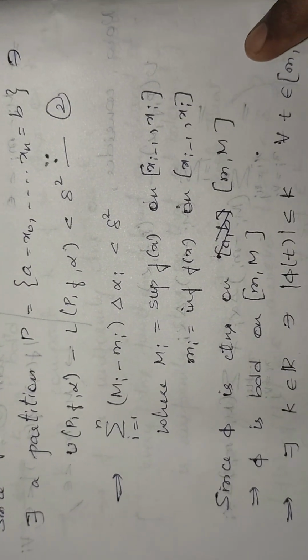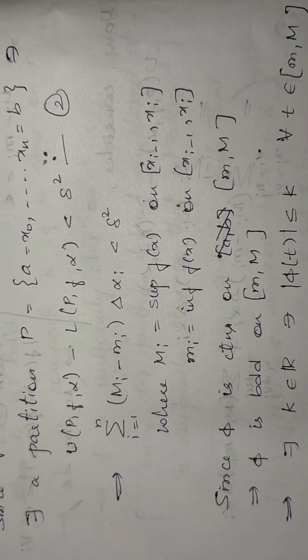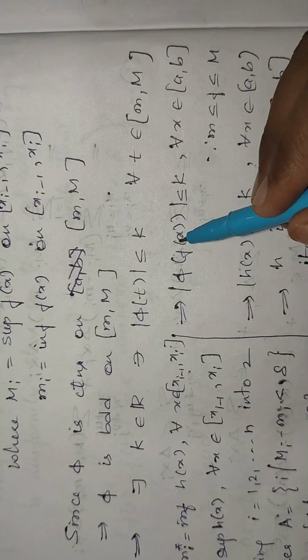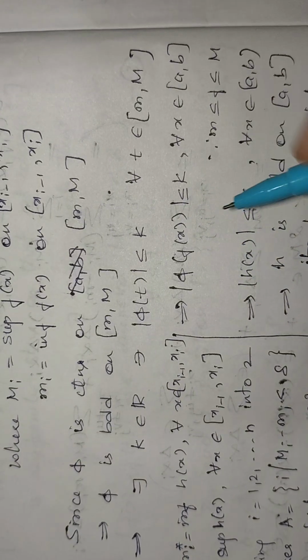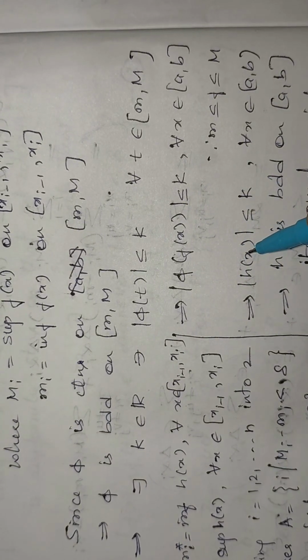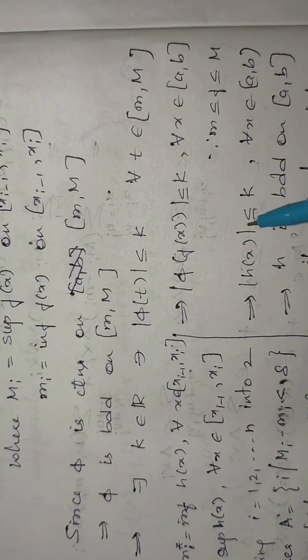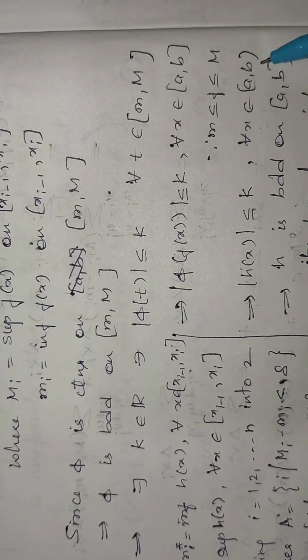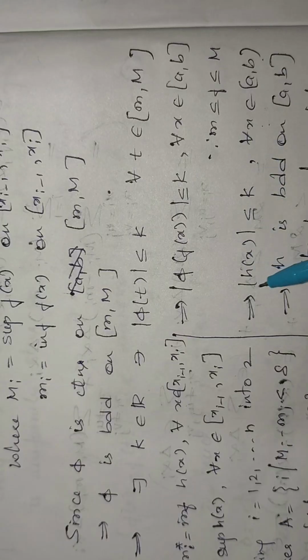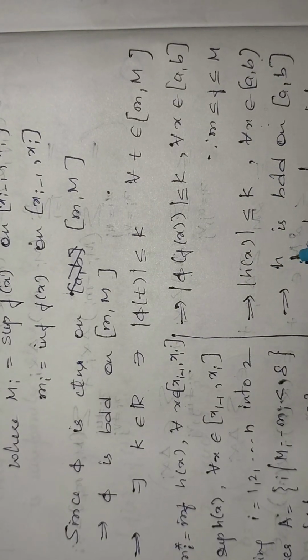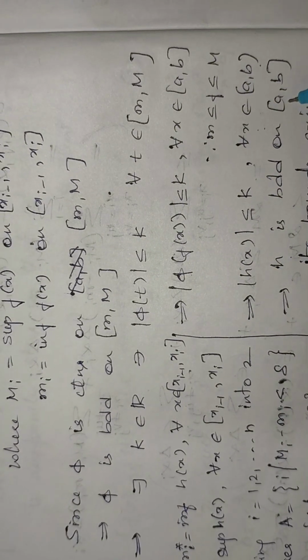So here I can write phi of f of x as h of x. Okay, so mod h of x is less than or equal to k for all x belonging to closed interval ab. See, this means the function h is bounded on closed interval ab.